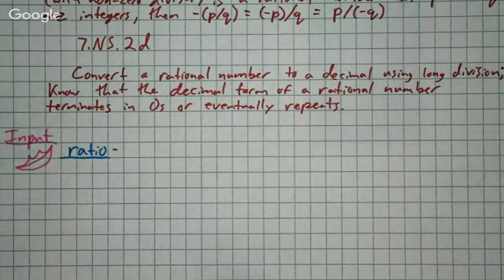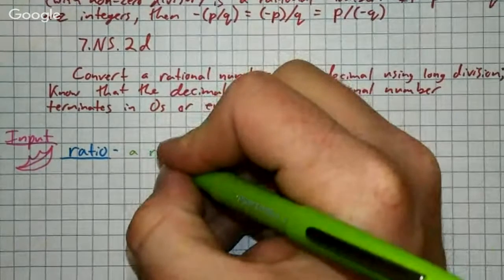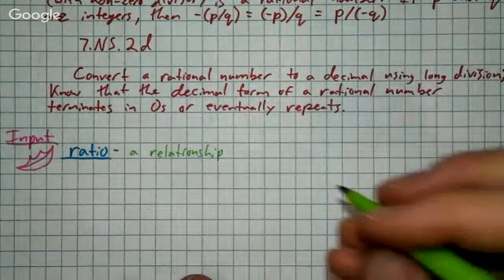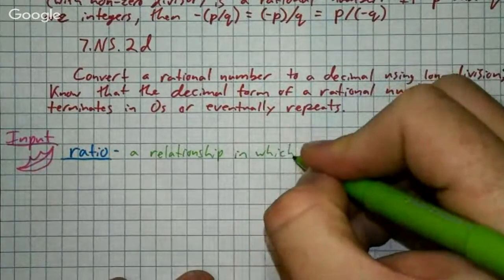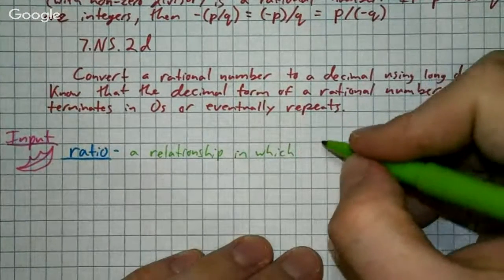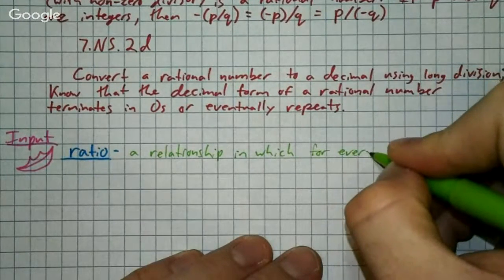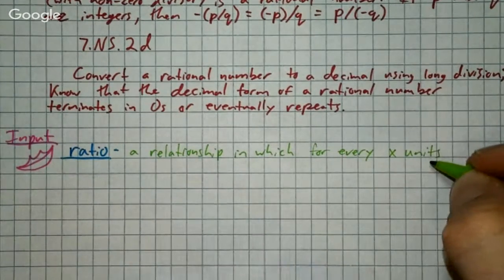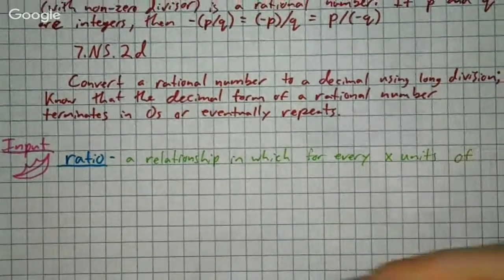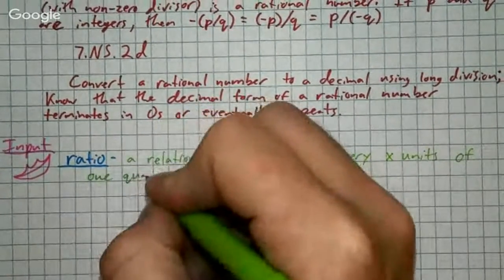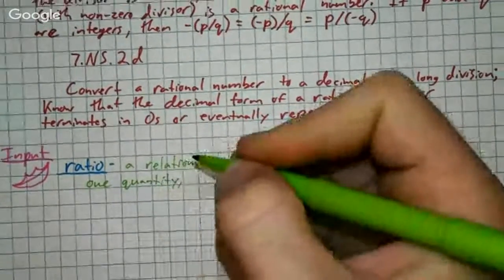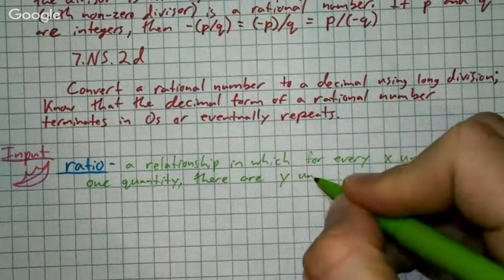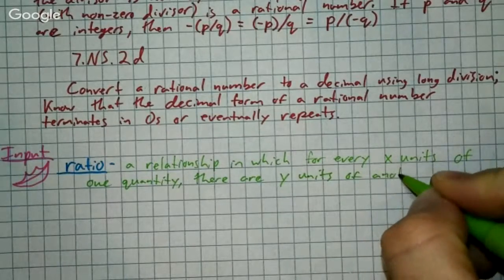And a ratio is a relationship in which for every x units of one quantity, there are y units of another.